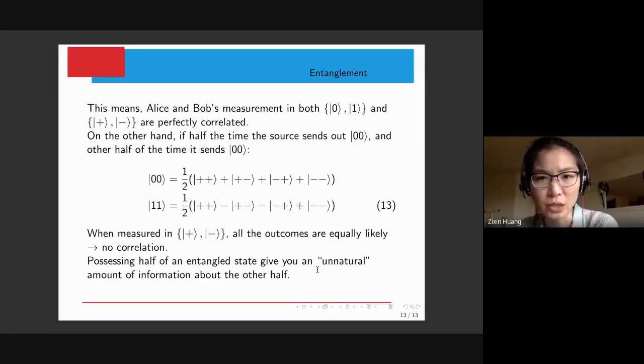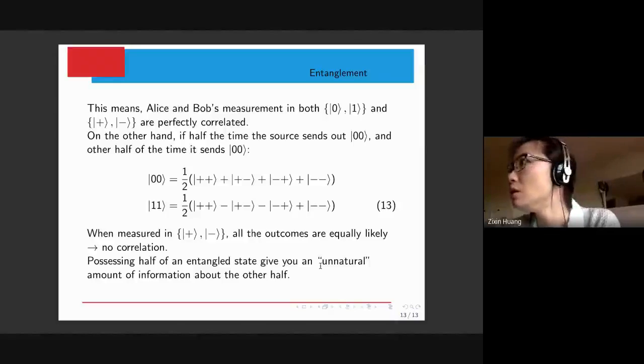So this is one of the things which are weird about it. In summary, you have correlation in multiple bases, and the collapse of the wave function is instantaneous. These are the weird things which you might not have seen before.